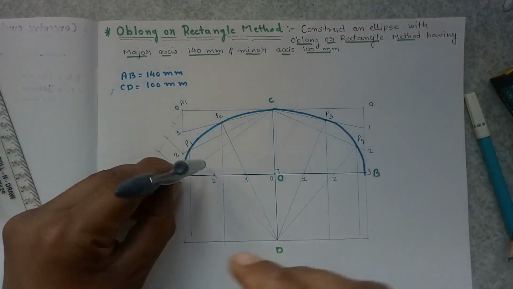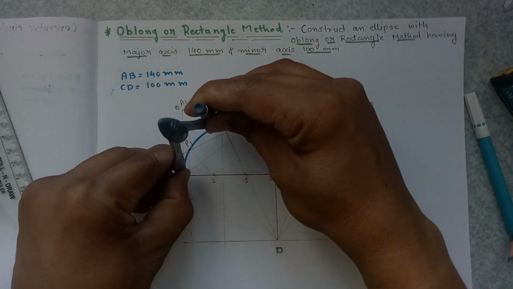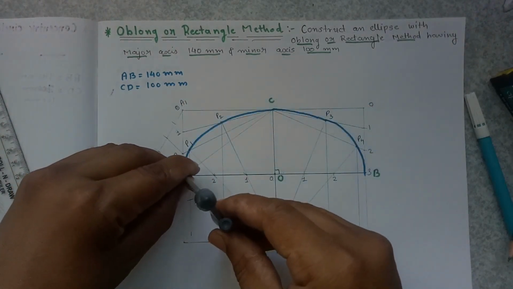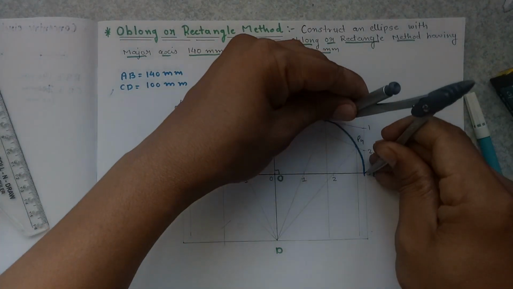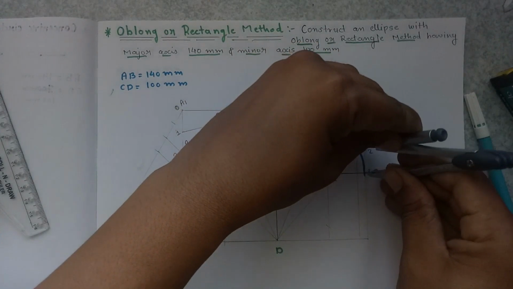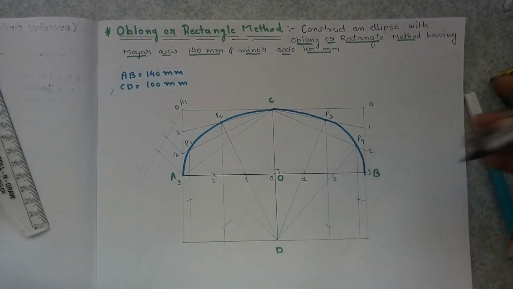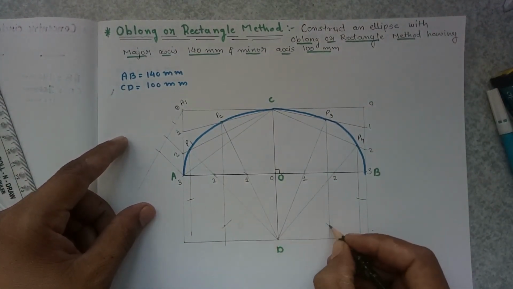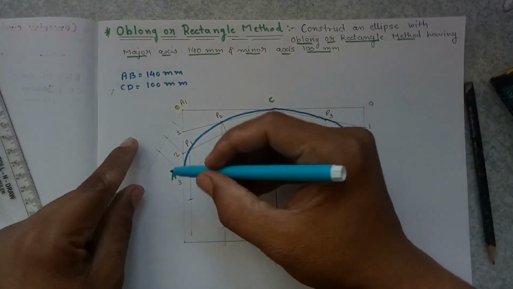Measure A to P1, give an arc on this particular line. Measure A to P2, give an arc on this particular line. Same over here. Measure B to P3, give an arc over here. Measure B to P4, give an arc over here. Mark these points and draw the freehand curve passing through these points.